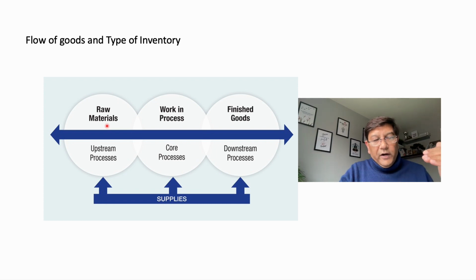So keeping more inventory needs more space. More space means more rent, which is more expensive, which raises the cost of keeping the raw material. And we try to reduce the cost as much as we can.